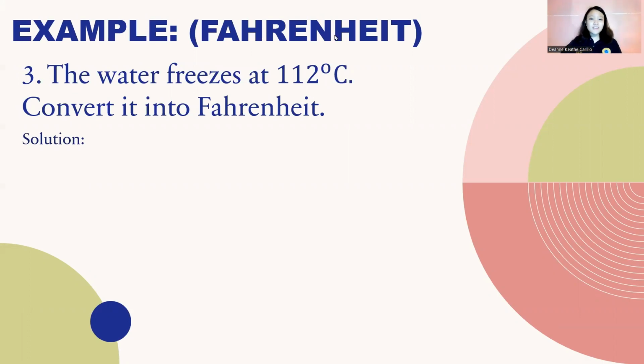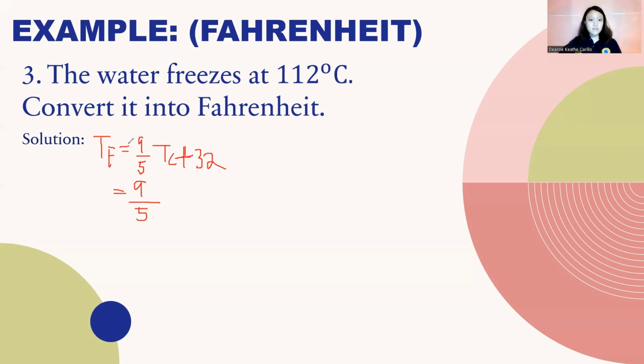Number 3, the water freezes at 112 degrees Celsius. Convert it into Fahrenheit. Let's write the formula first for finding temperature Fahrenheit. Now, let's proceed to the next step. Let's bring down 9/5.